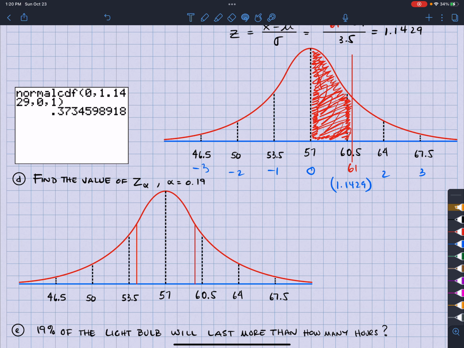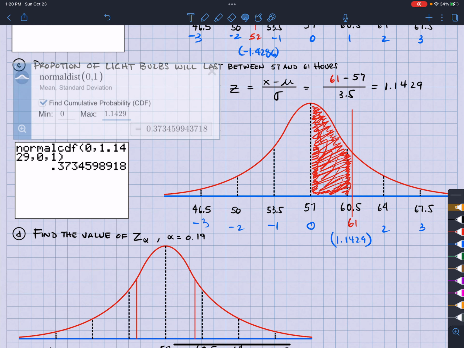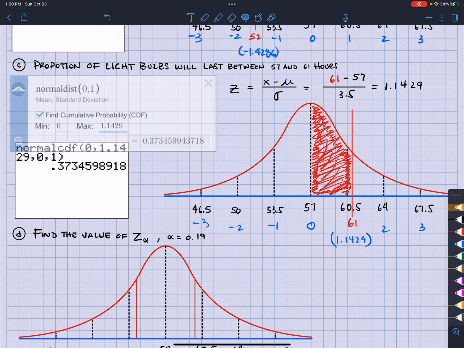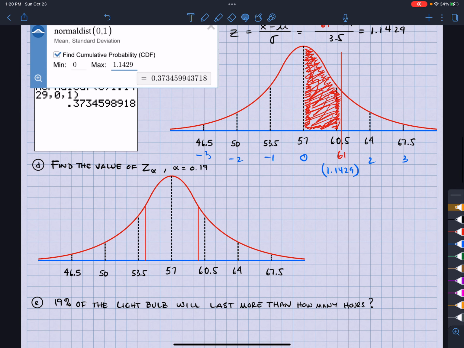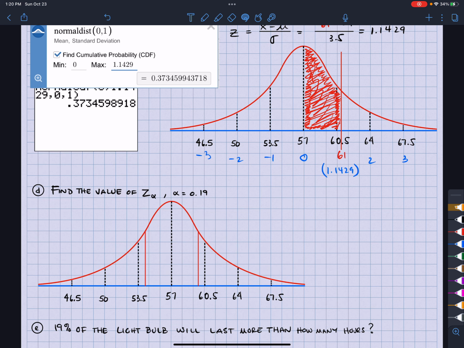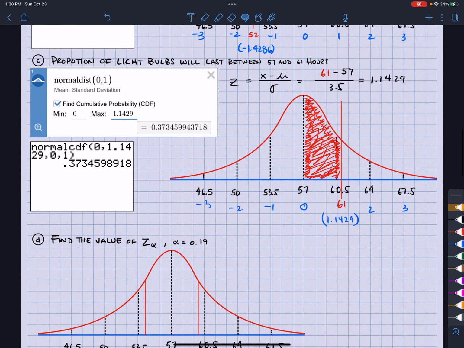Let's take a look at Desmos, this would give me the same thing. And it does, except I didn't give this enough space. So let's move this down. Same thing, from 0 to 1.1429, mean and standard deviation is 0 and 1.